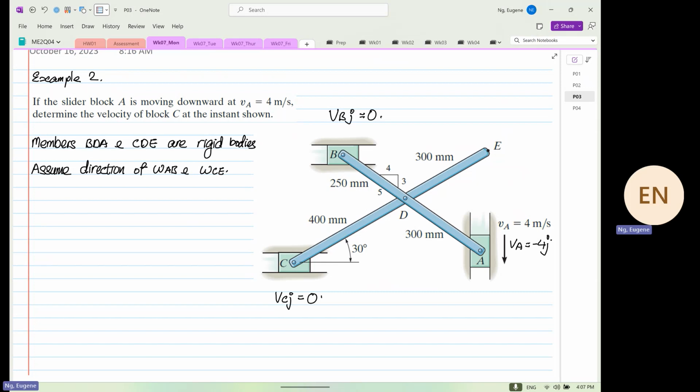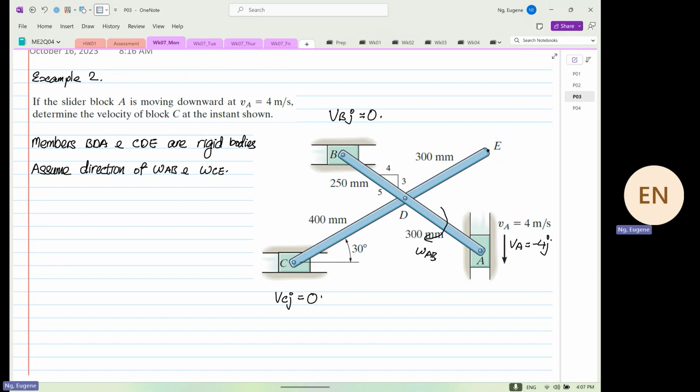And you know when the slider A is coming down, BDA will rotate in the clockwise direction. So we assume this to be clockwise. Okay. So this is our omega AB.